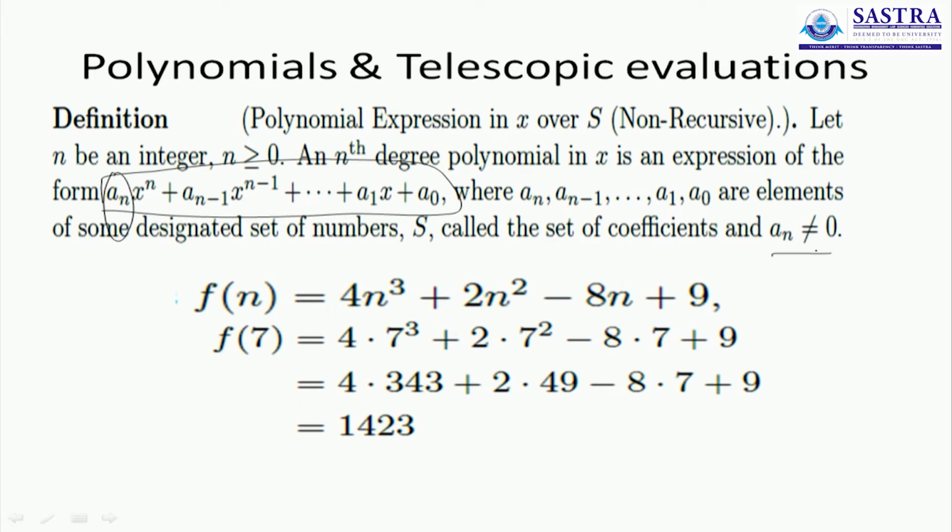So, when we replace n by 7, we have 4 times 7 cube, 2 times 7 square, 8 times 7 and 9. We add all these and we get an answer. So, evaluating a polynomial means that we find the value of the corresponding polynomial for some instance. Here we have used the value of n as 7. You can also try your own values.